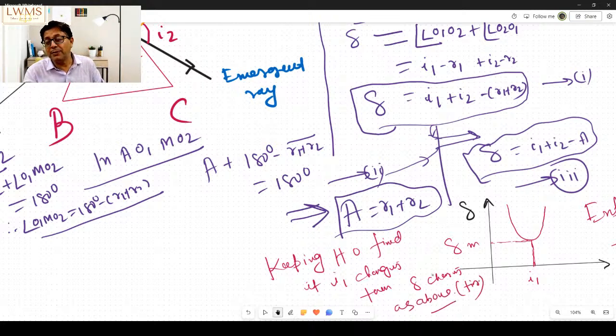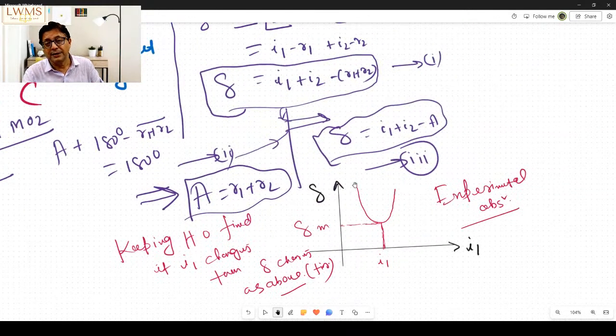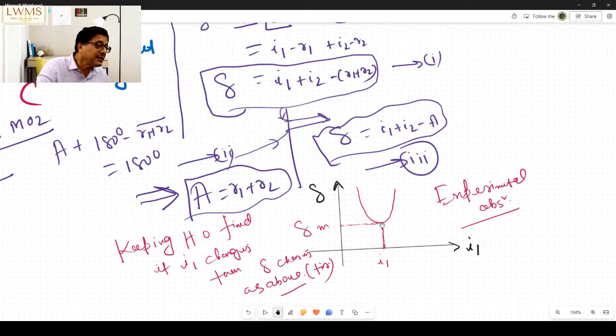So what is happening there? If somebody asked you to study this, you will say that as I1 increases, the value of delta decreases, and then it attains minimum value at some point, I1, and then its value goes on increasing. This is our observation from the graph. Clear?